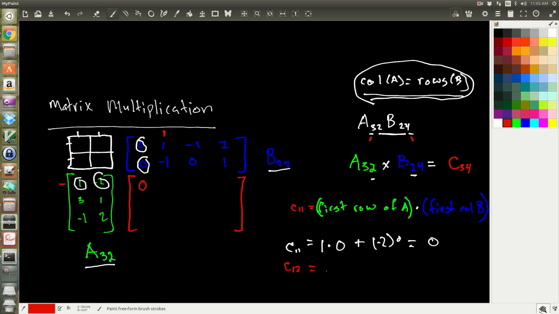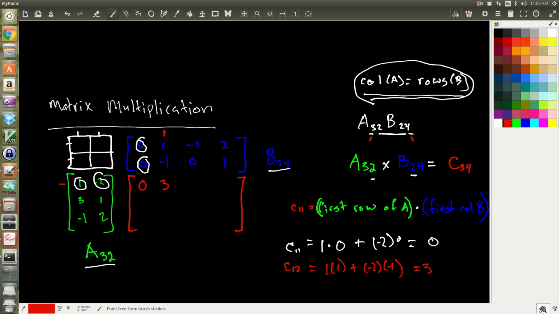It's going to be 1 times 1 plus minus 2 times minus 1. So minus 2 times minus 1, that's going to be equal to 3. So this is equal to 3.